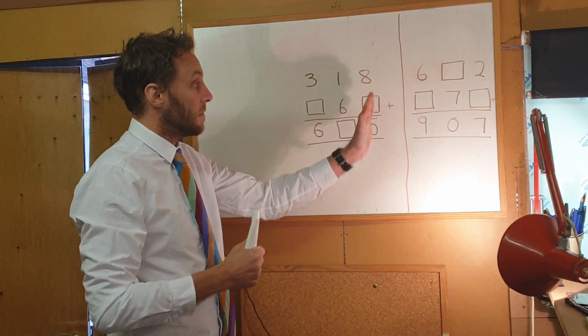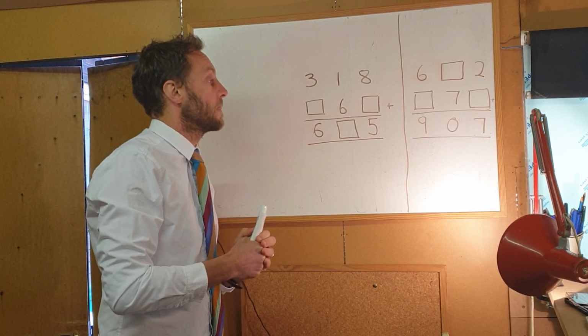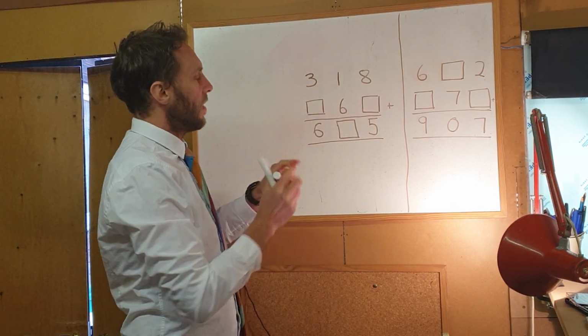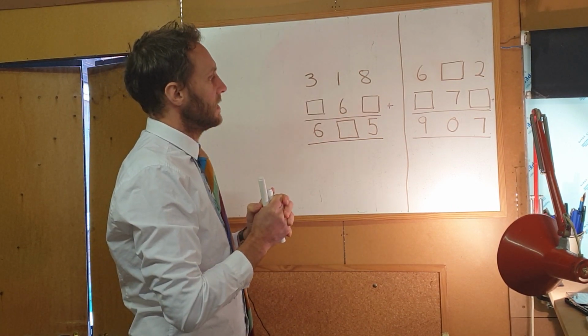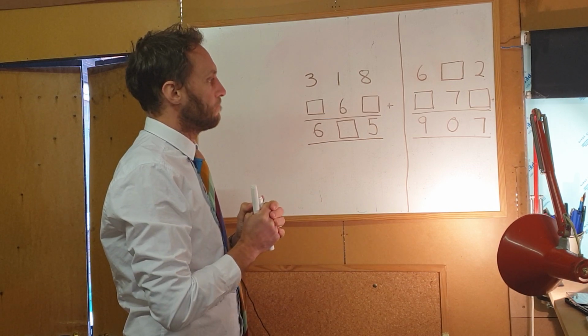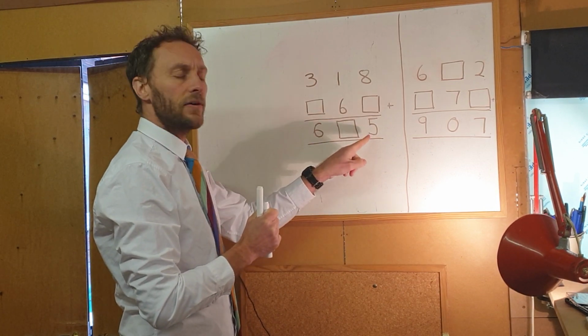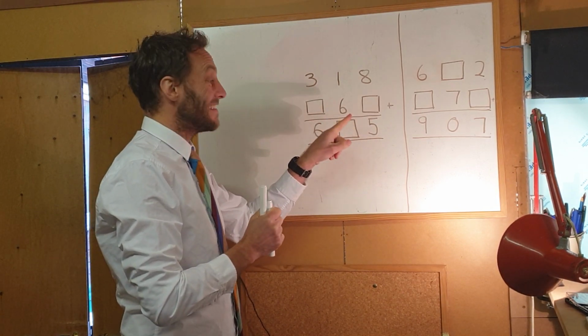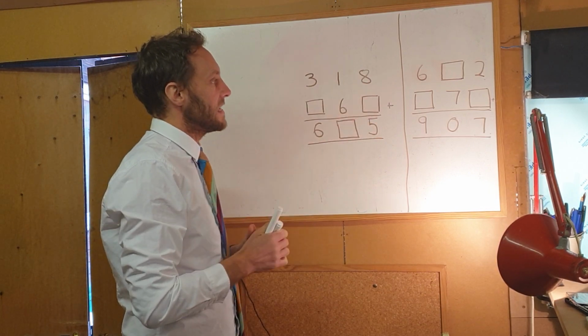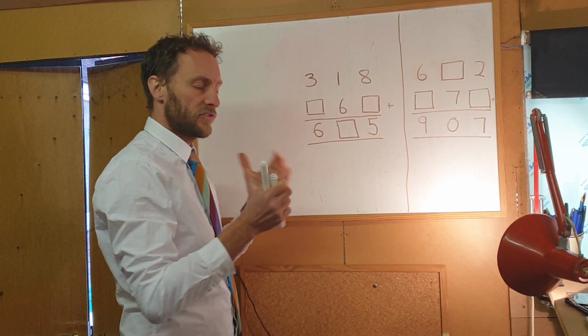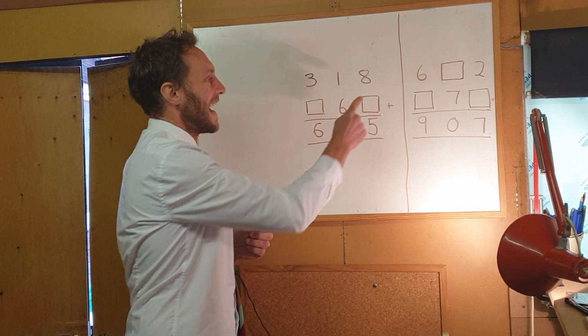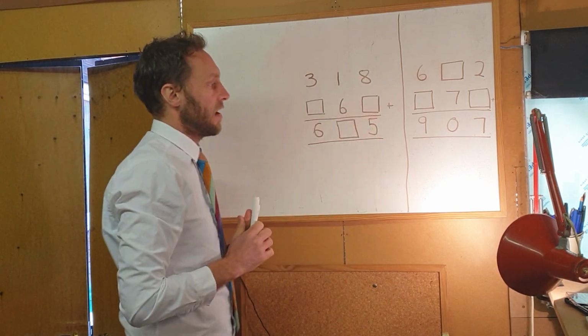So in this case it's going to be our ones column. So I've got an 8 here and a 5 here. And because this value here is less than the 8, I think something's going to have to happen here because I can't add something to 8 and get 5.